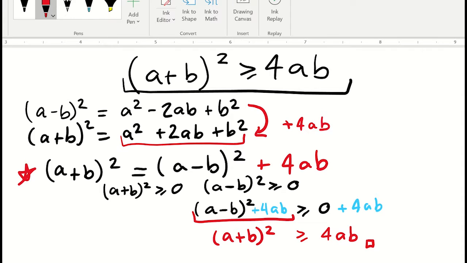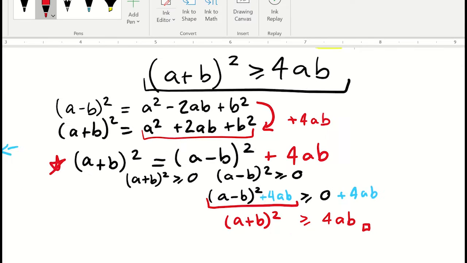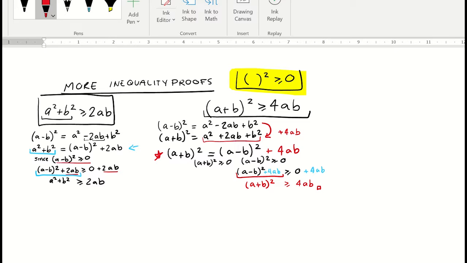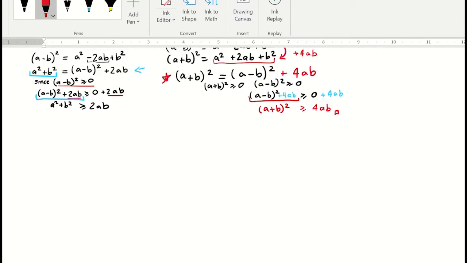And there's my proof done. It's just about playing around with them, looking at what's familiar and looking at where you know things are bigger than 0, and then using those inequality proofs of what we can add or what we can subtract to either side of our inequality.